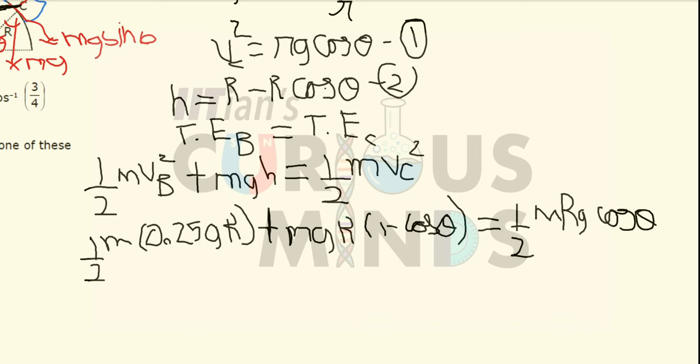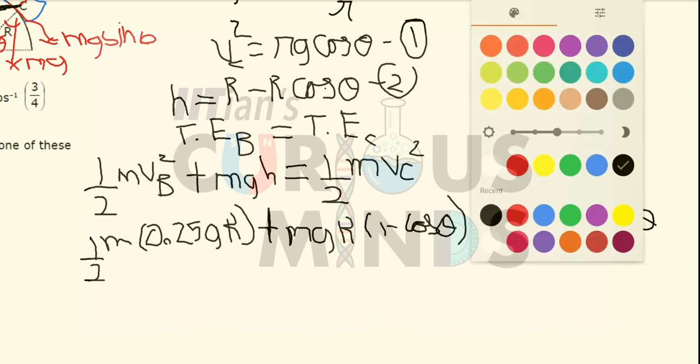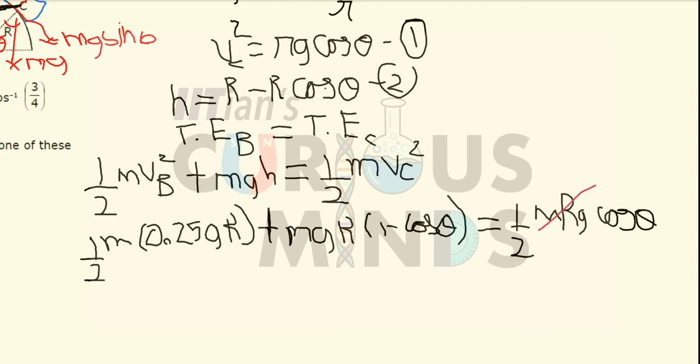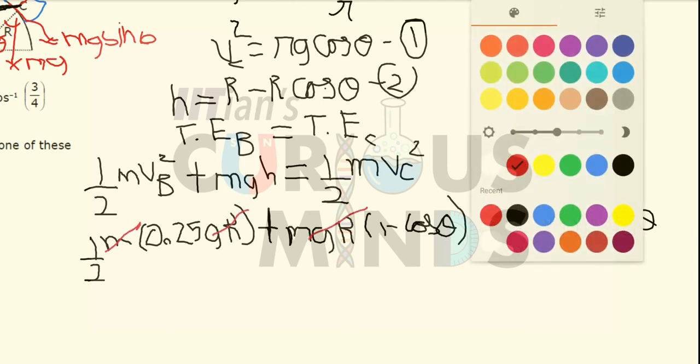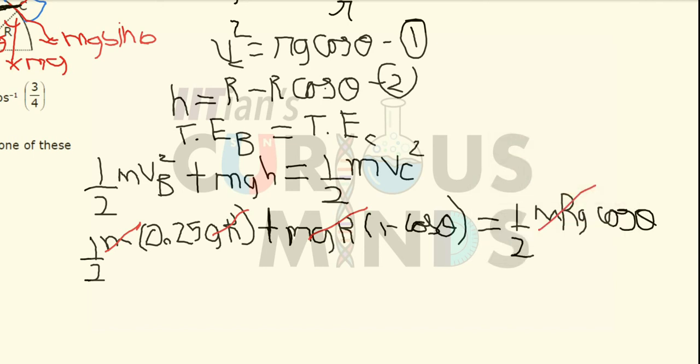So basically we have to find out the value of theta. Before we find it, mgr will get cancelled out everywhere. So 0.25, which is equal to 1 by 4, which is equal to 1 by 8, plus 1 minus cos theta will be equal to cos theta divided by 2.